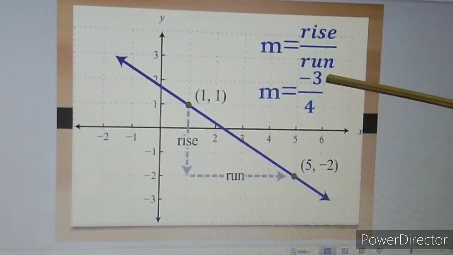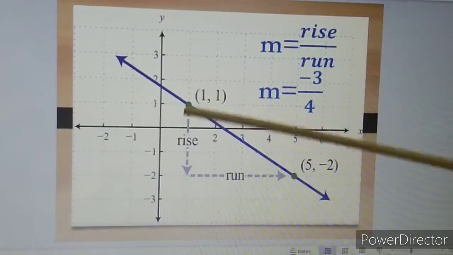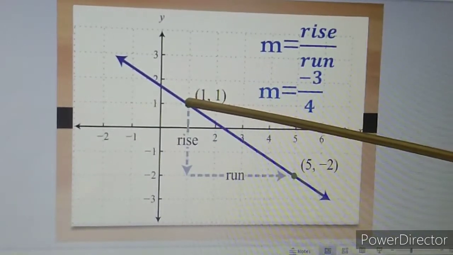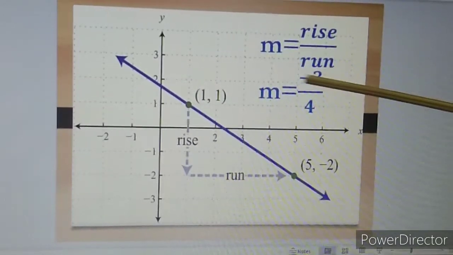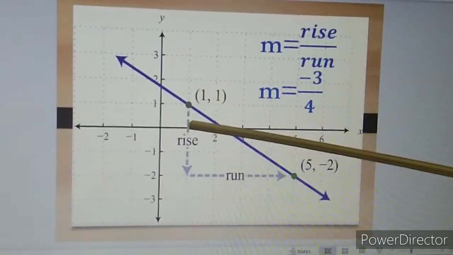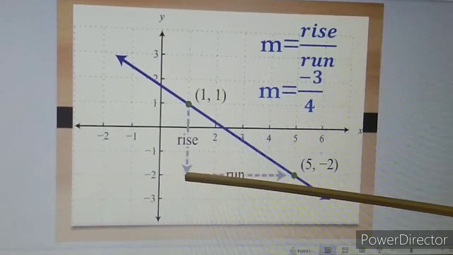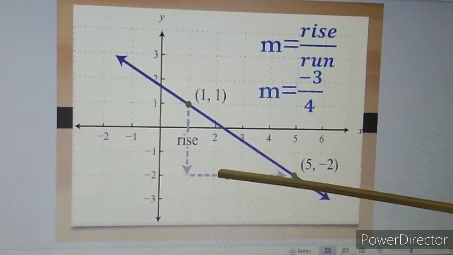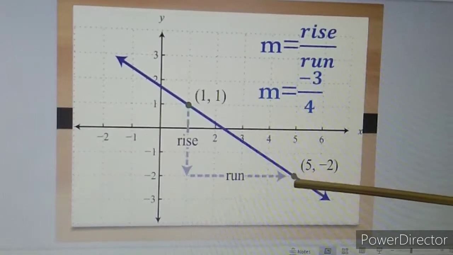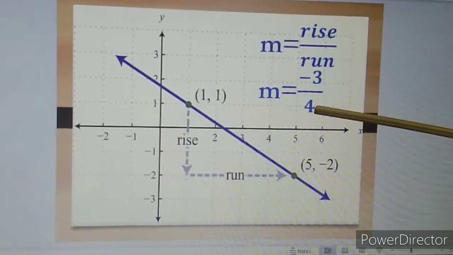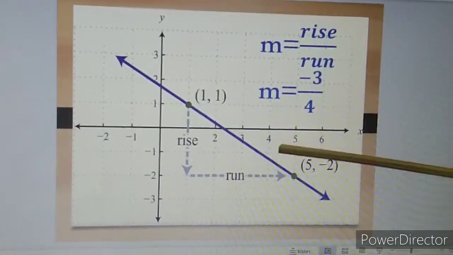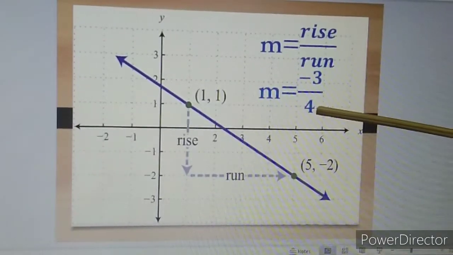Since this is down, if it's going down, it is negative. But if it is going up, it is positive. So we have 1, 2, 3. 3 units down, so this is -3, and then 1, 2, 3, 4. 4 units to the right, that is 4. Take note that in our run, if it is going to the left, this is negative.